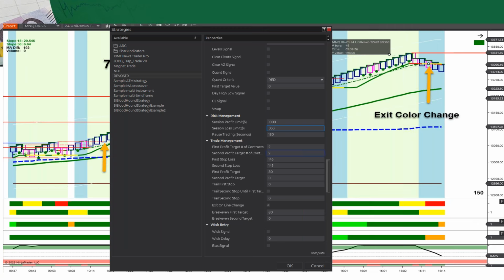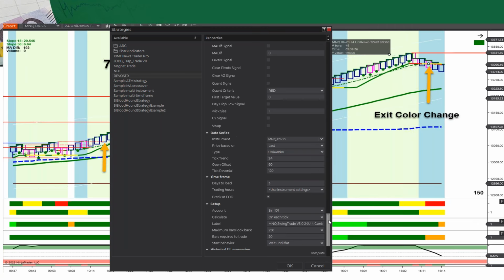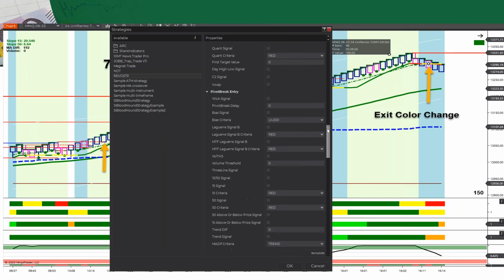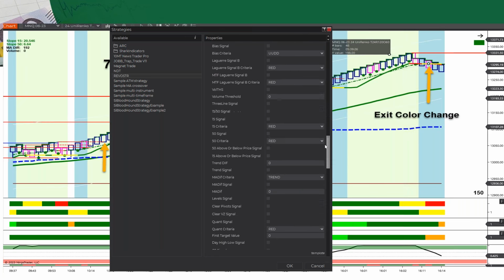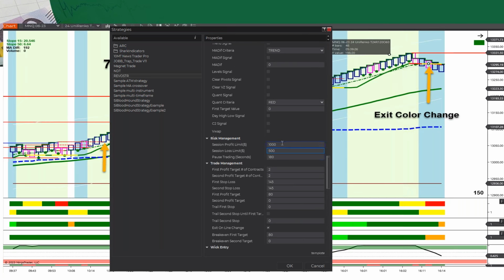And then just turn it on and let it do its thing. If you're in a trade and it's up, let's say 1,500, it's not going to close the trade at 1,000. But once it closes the trade, it won't take another trade for the day. The session loss limit is once you're down 500, it's done. It's closing the trade.